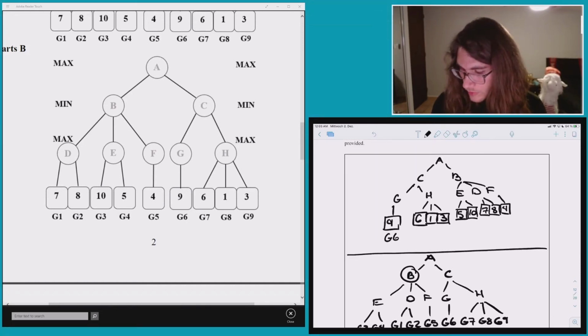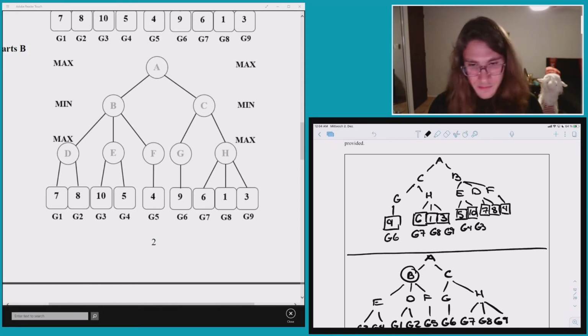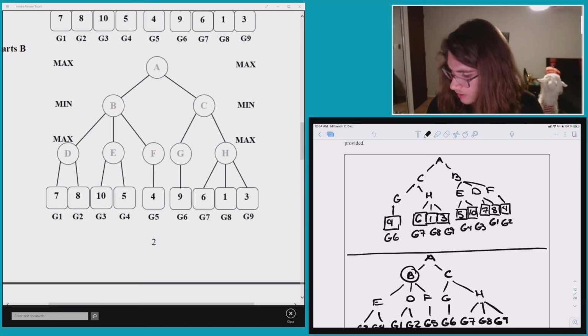This is G6, G7, G8, G9, G4, G3, G1, G2, and G5.